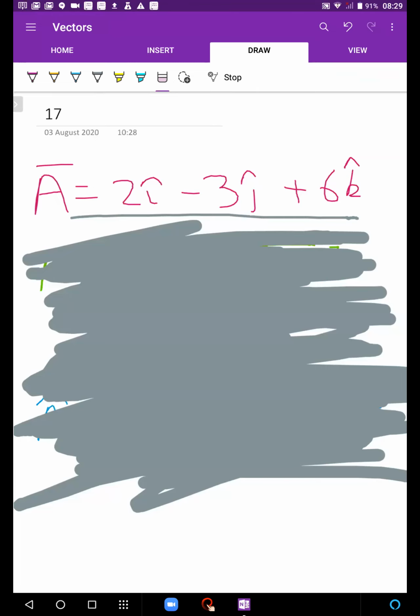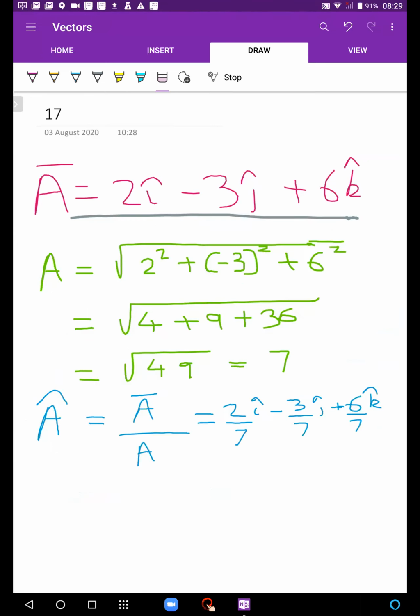Alright, so fairly simple. A bar is 2 I cap minus 3 j cap plus 6 k cap, which means the magnitude of vector A bar, which is basically A, is root of 2 square plus minus 3 square plus 6 square.